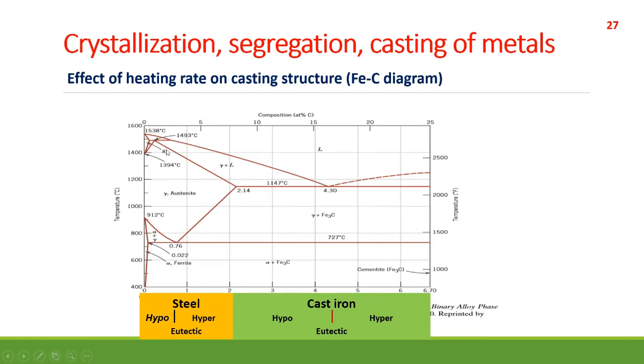From the liquid phase we get some two-phase systems and other single-phase systems. The single-phase systems are here the delta iron phase, this is gamma iron or austenite, and here at this portion you will see alpha iron or alpha ferrite.